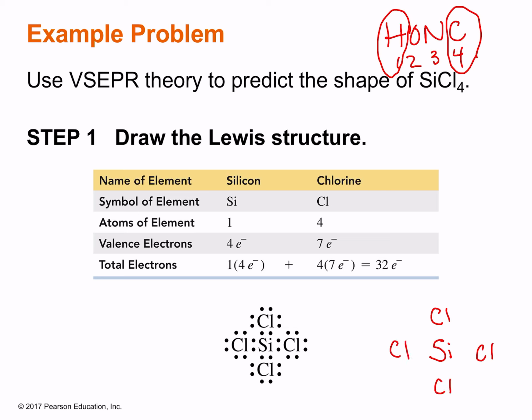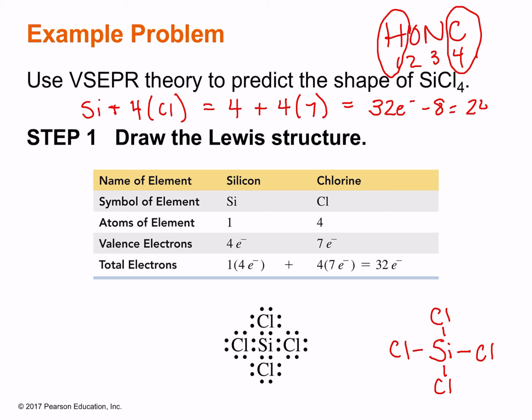Then we add up how many electrons we have to work with. Silicon plus 4 chlorines, so we have 4 plus 4 times 7. That's 28 plus 4, which gives us 32 electrons. Then we bond all of our chlorines to our central atom: 2, 4, 6, 8. We subtract out 8, which gets us 24.